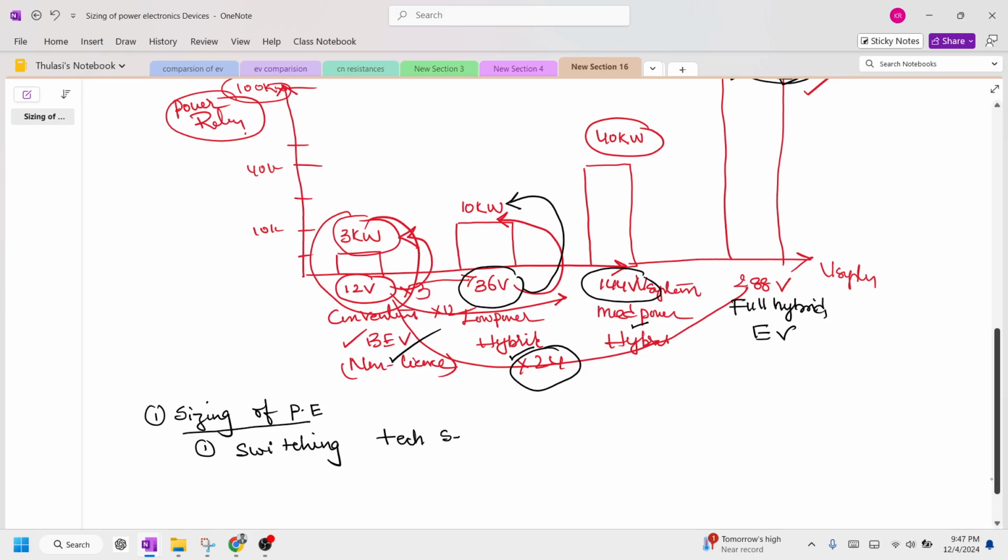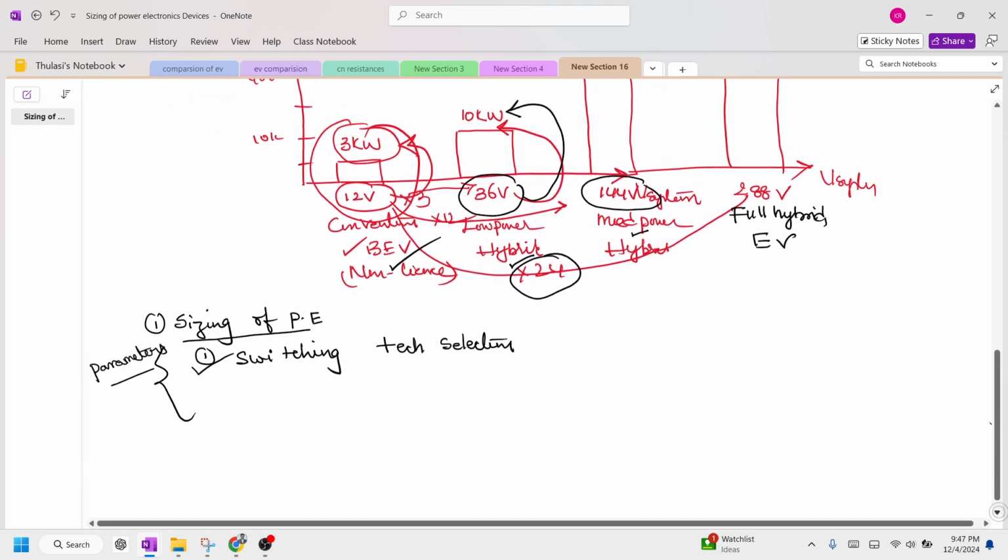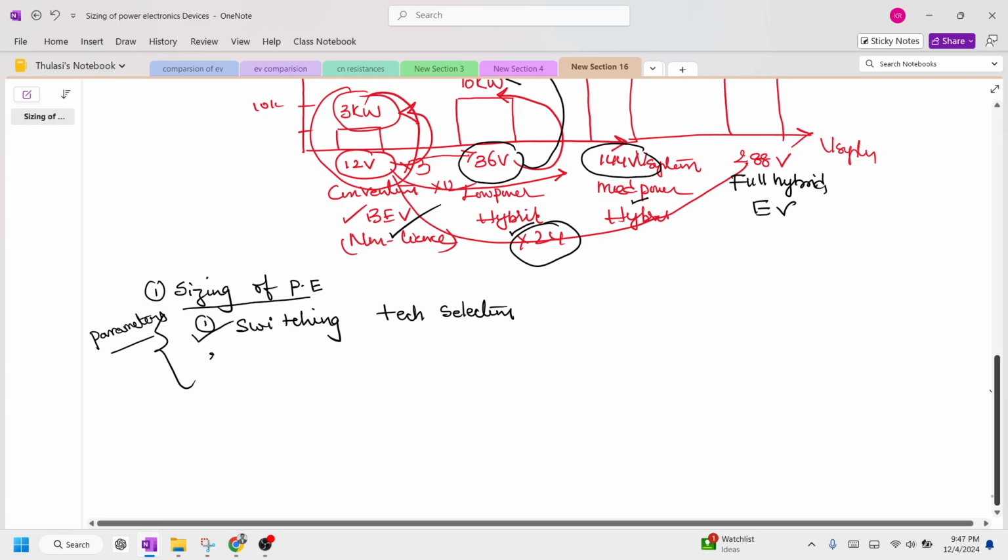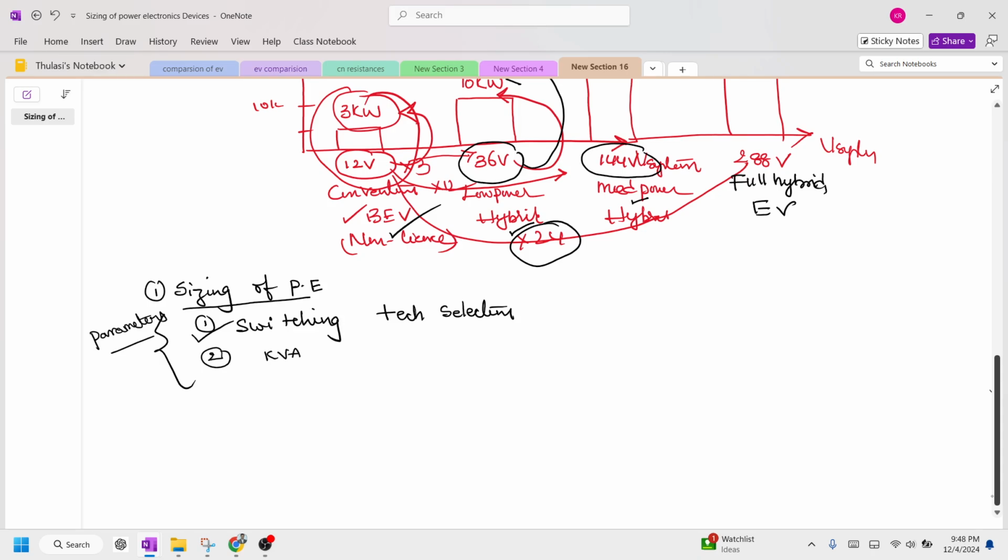It's called switching technology selection. Based upon this, we are going to discuss on what parameters the size of power electronic components is going to change. First one is switching technology selection, and second one is the kVA rating or kW rating, as well as the power factor rating.